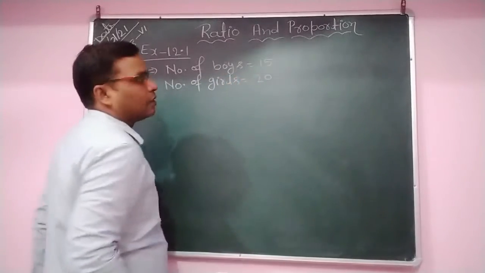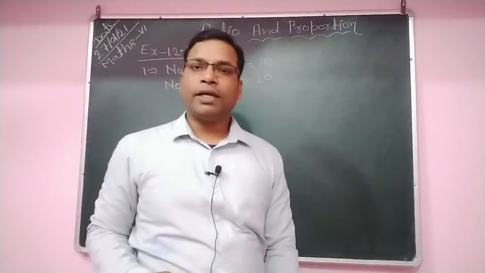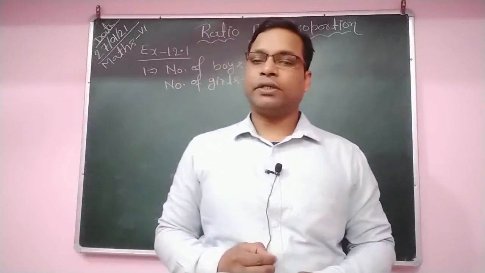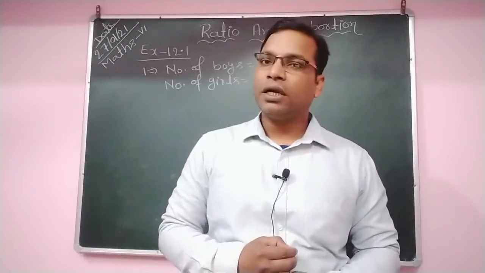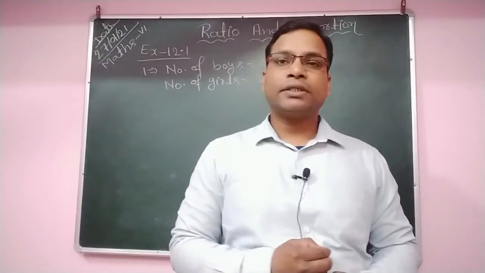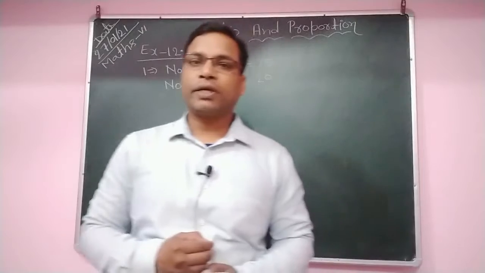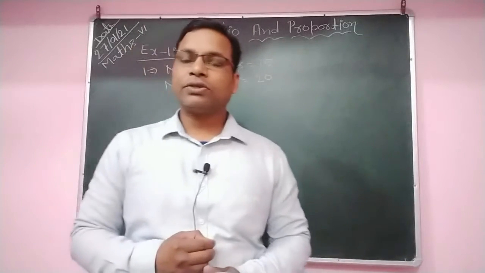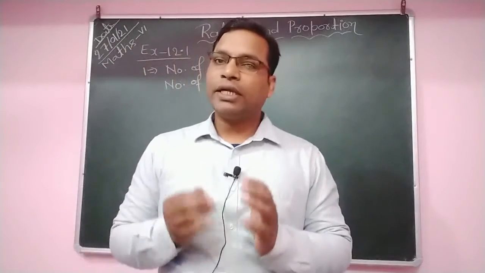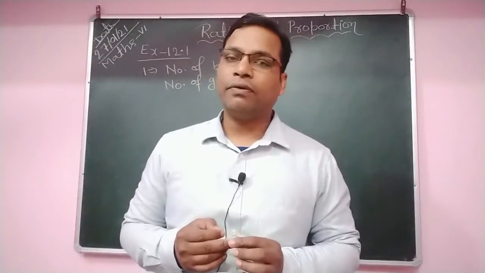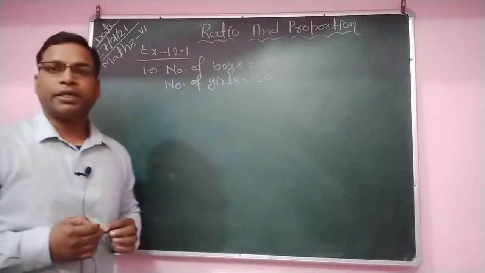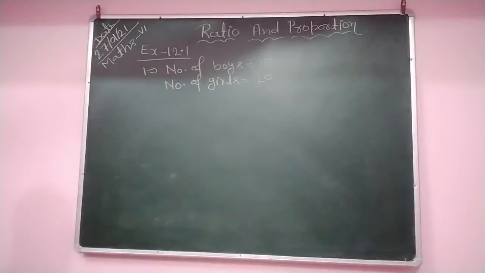Number of girls is 20. And now we need to find the total number of students in the class. How do we find the total number of students in the class? If you add the number of boys and the number of girls, then we find the total number of students in this class.